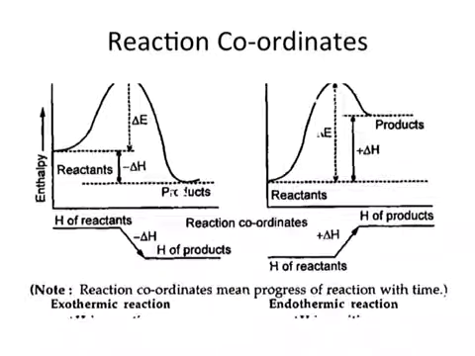On the page you can see two graphs called reaction coordinates. The graph on the left is an exothermic reaction, and the graph on the right is an endothermic reaction. We need to label a couple of pieces on this graph to understand why one is considered exothermic and the other is endothermic.